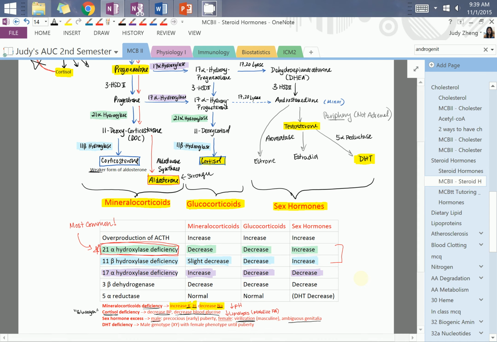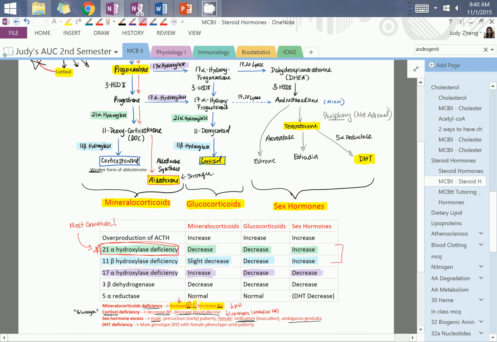Since this is different, we'll talk a little bit about what you would expect to see. So this is kind of different from the first two. So instead of a decrease in mineralocorticoids, you have an increase. So what we mentioned down here would be the complete opposite. So for mineralocorticoid excess, you would have a decrease in plasma potassium.